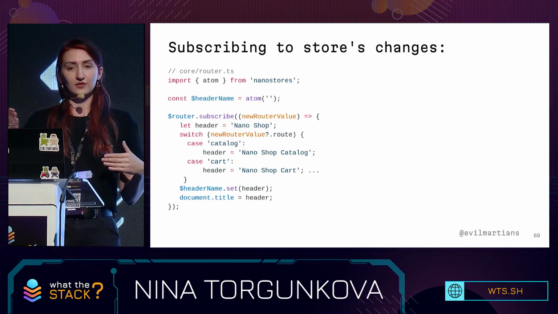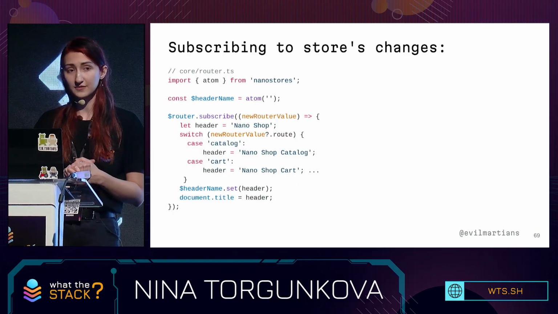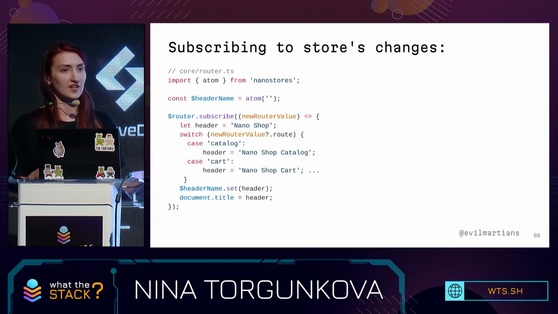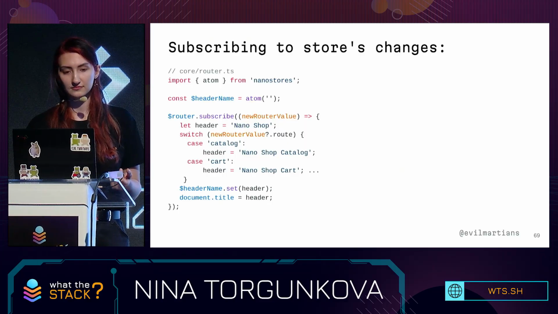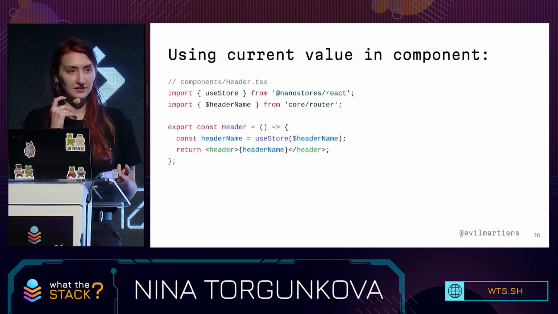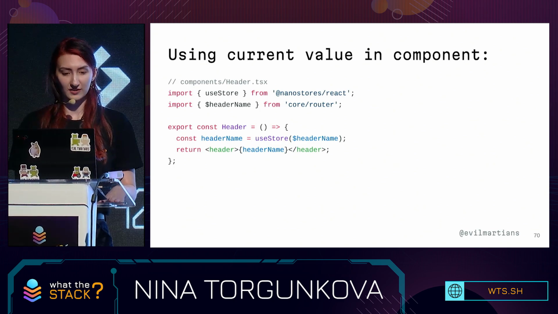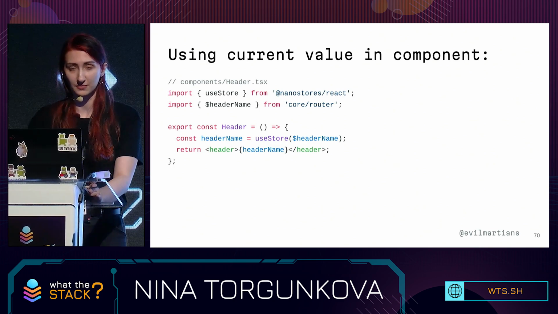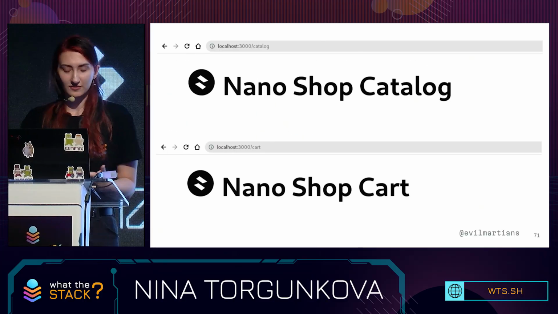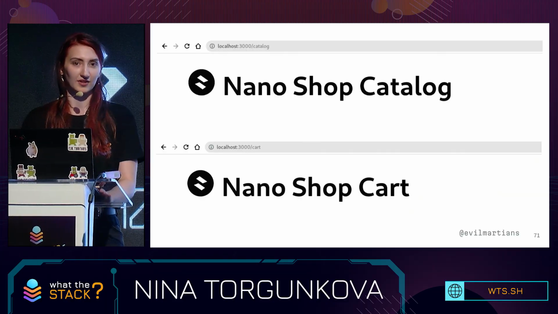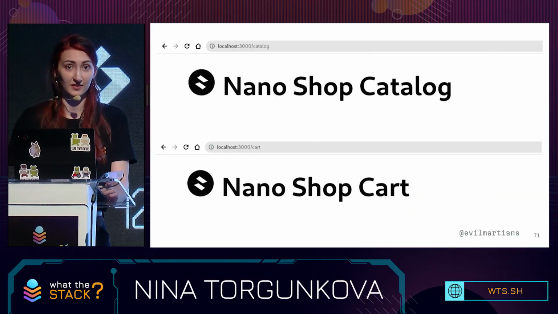So when a value inside router changes, we set a new value for header, and we can also set the same value for HTML document title. And exactly the same as we did it before, we use the current value of header name in our header component. And that's it. When we see the catalog page, we see the header NanoShop catalog, or if it's card, we see the card.